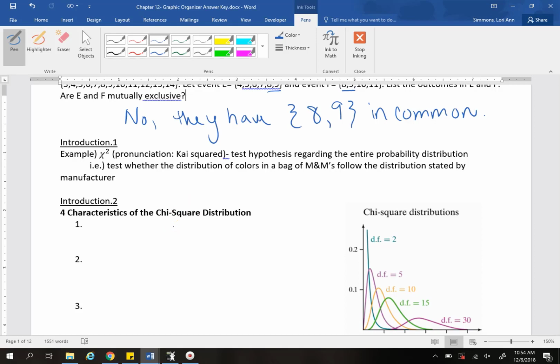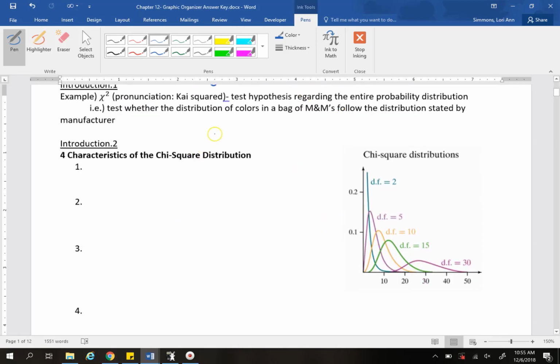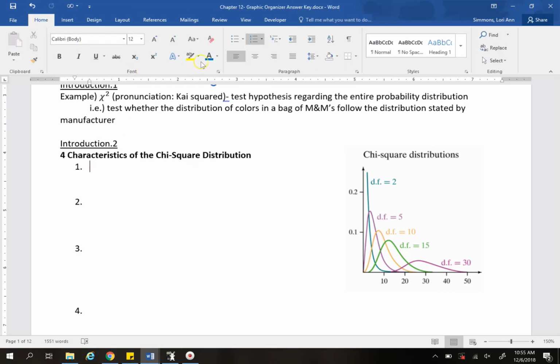There are 4 characteristics of the chi-square distribution. Here you can see to the right a diagram. Right away you can see that it is not symmetrical, right? It is actually skewed right.